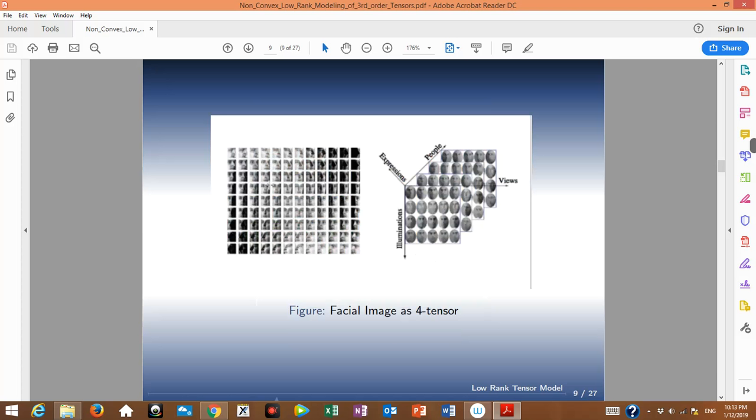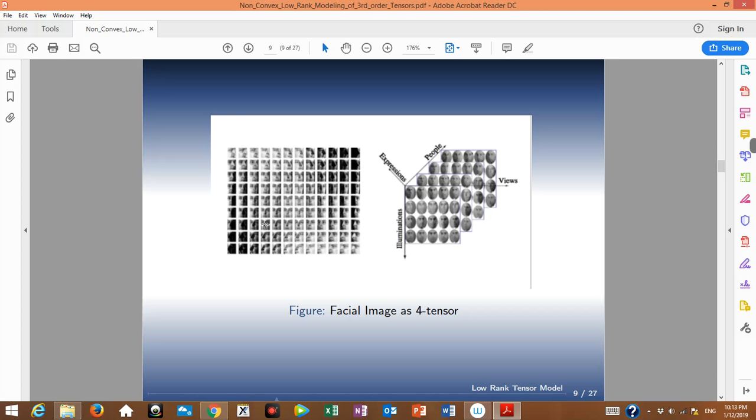Also, if we look at this facial image data, we can represent it as a higher-order tensor. One direction is the expressions, one direction is the different people, one direction represents different views, and the fourth direction represents illuminations.